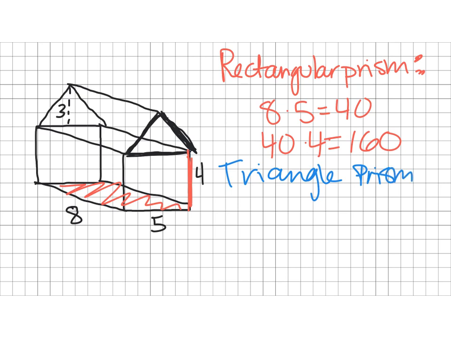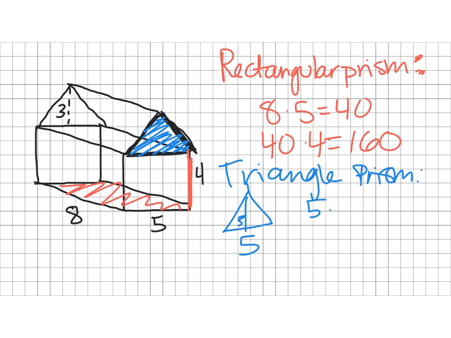Or I could have called it like the house and the roof, I guess. And there, I need to know the area of the base. And this time, the base is going to be this shape, or the same one in the back. And that would be a 5 by 3 rectangle.